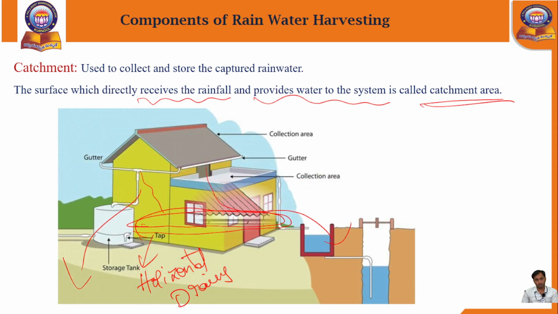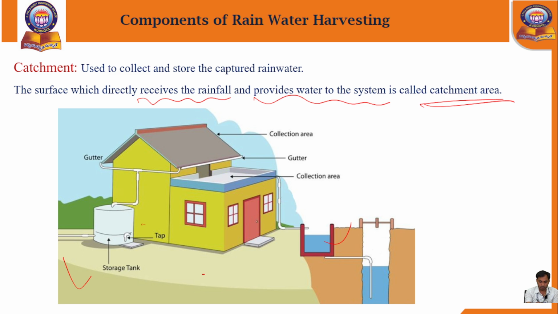For example, in this image you can observe two types of catchment area. For this house, the catchment area is the roof type, and for this roof we have provided a gutter. The horizontal drain is also called a gutter.